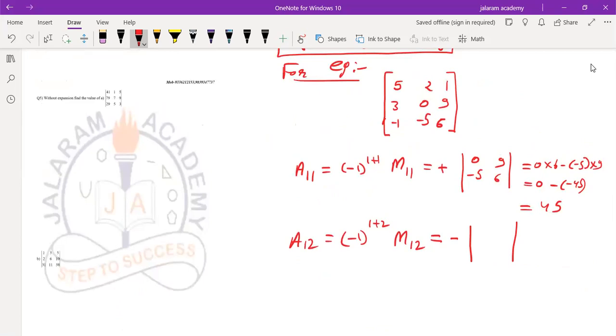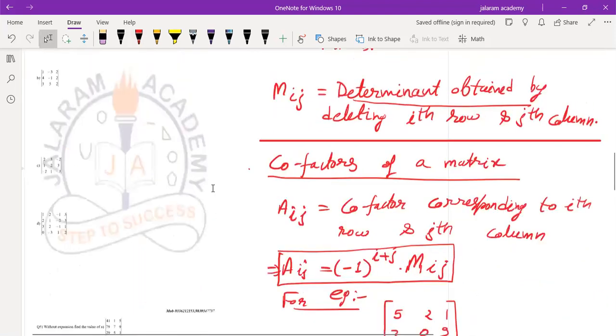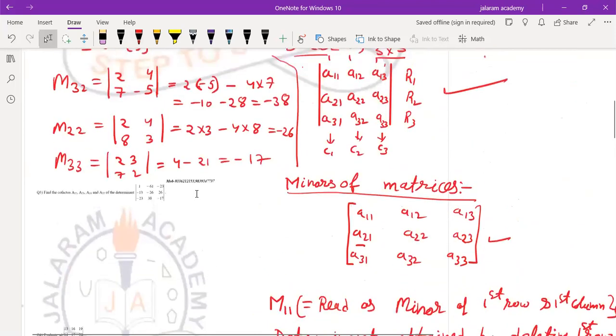Second column 2, 0, minus 5, delete. 3, minus 1, 9, 6. So this is the cofactor of first row, second column. Now find its value. 3 6 first we have to write minus, then 3 6 18, minus 9. Two signs are there, so we apply the bracket again. Minus 18 plus 9 equals minus 27. So this is how we can find the cofactors of any determinant of order 3 cross 3.